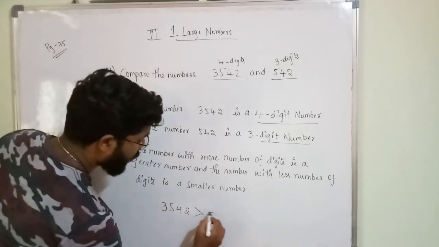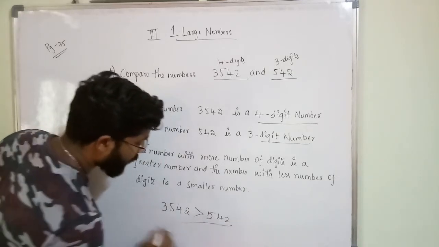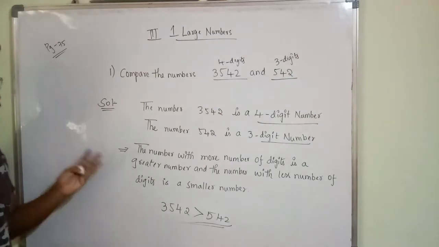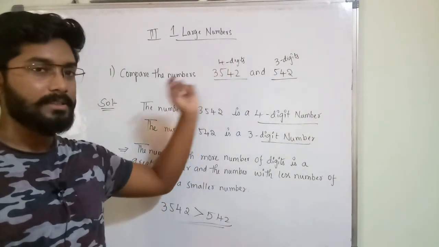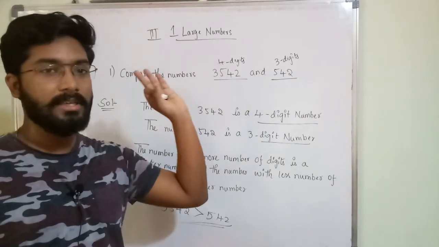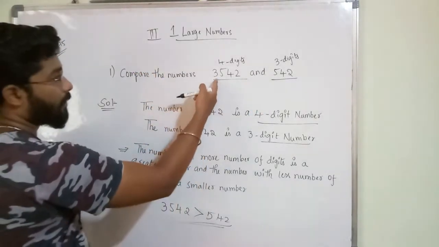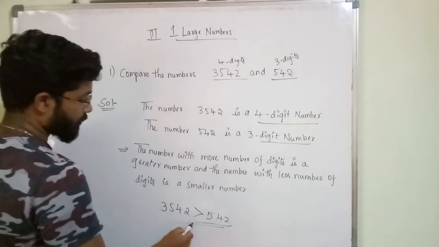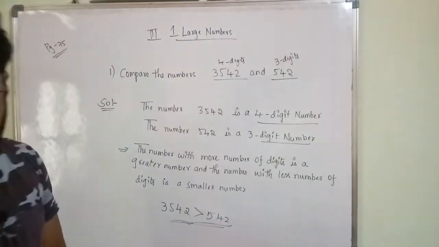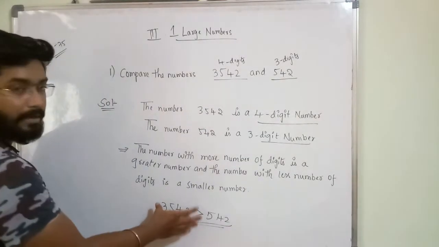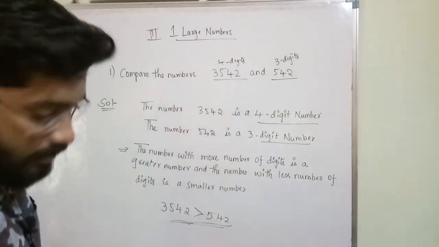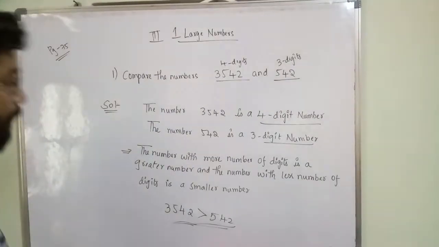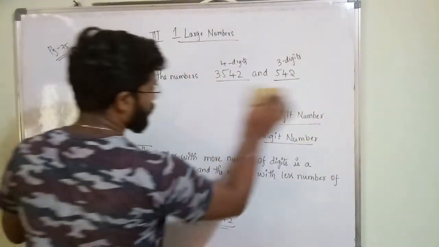This is the final conclusion we are giving. 3542 has 4 digits, this has only 3 digits, so this number is greater than this number. This is the final conclusion we extracted from the statement. First question is completed in that box. Let us move to the next question.